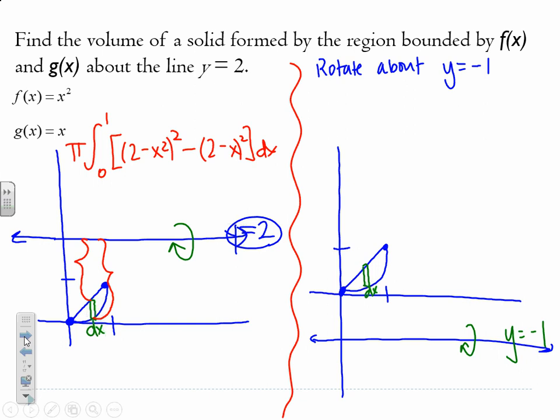What I want you to do at your table is talk about and draw out where our outer radius is and where our inner radius is. Either describe it or point it out on your picture.